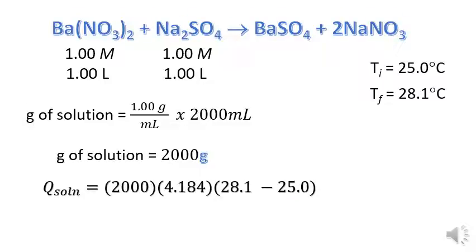Now, for the amount of heat energy, I simply put in the grams. The previous problem said that the specific heat was the same as that of water, times the temperature change. And there you have the answer. The energy of the solution is 2.31 times 10 to the 5th joules.